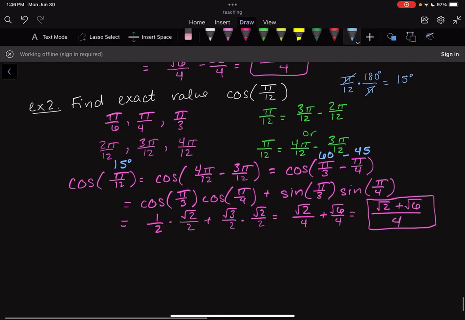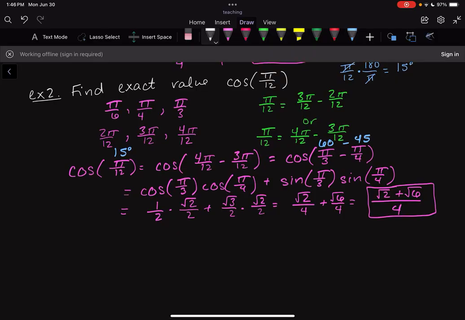Now sometimes we may need to use angles outside of the 30, 45, or 60, but we may need an angle that uses 30, 45, or 60 as its reference. So let's look at this one. This one says find the exact value of cosine 255 degrees.